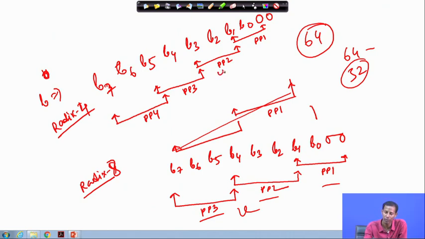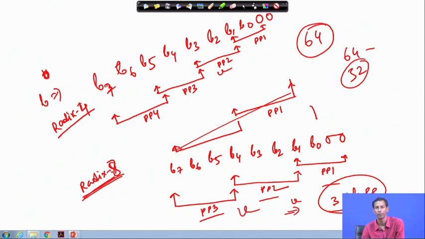So here initially I needed 4 stages for this 8 bit operation, but here I need 3 stages. That means I am reducing only one stage. Apart from that, I am increasing the complexity of the Booths decoding algorithm as I have used Radix-8 over here. So we have to be careful about that; it does not mean that every time I increase the radix it will give me the advantage.